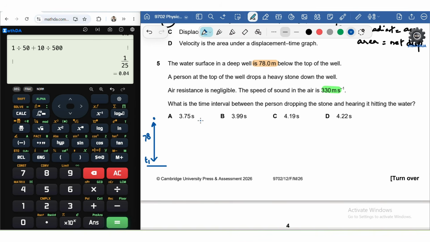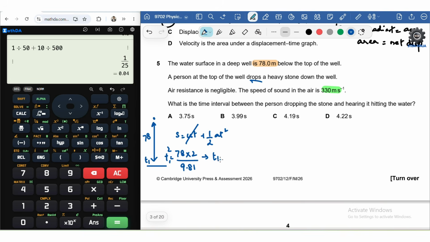Let's call it t1. We use s equals ut plus half at squared. Since it is dropped, initial velocity is 0. So 78 times 2 divided by 9.81 equals t1 squared.